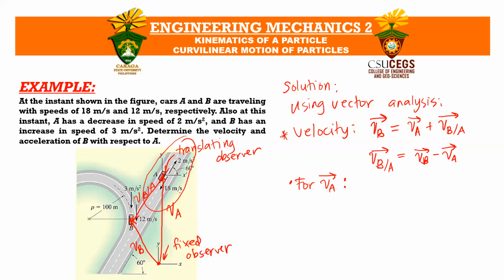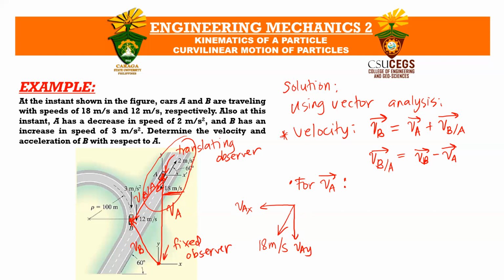And since the velocity is 18 meters per second, which is this one, this is the velocity of your A, and it is moving downward. So if I redraw that, that would be your 18 meters per second. That is the velocity of your car A. So the X component would be acting along the left side, and the Y component would be acting downward.